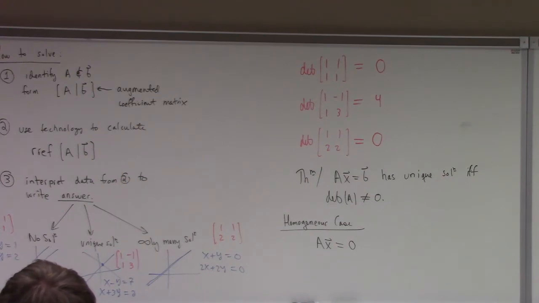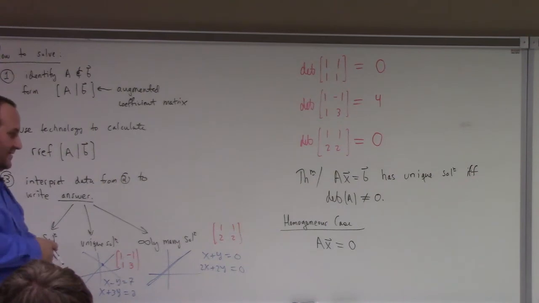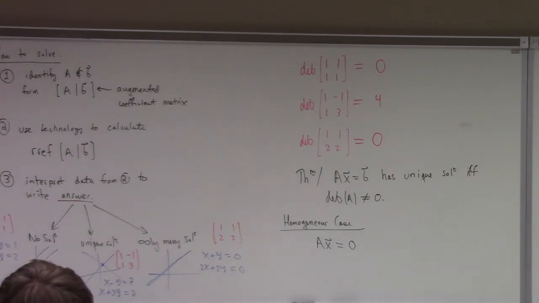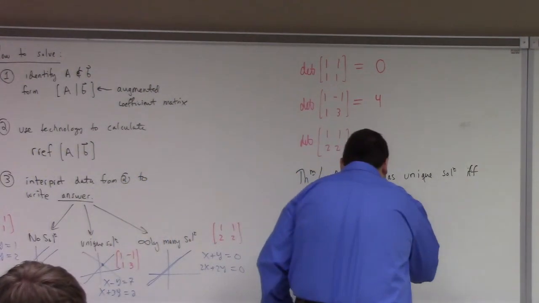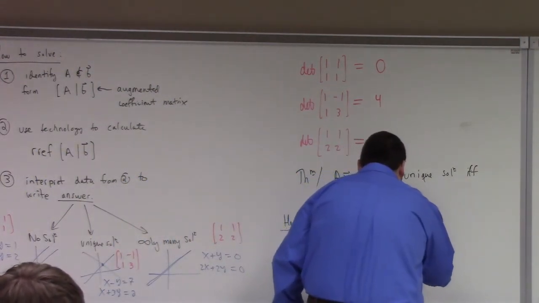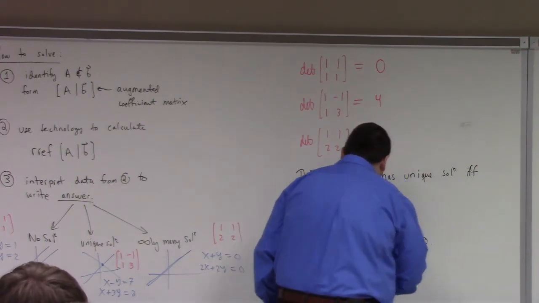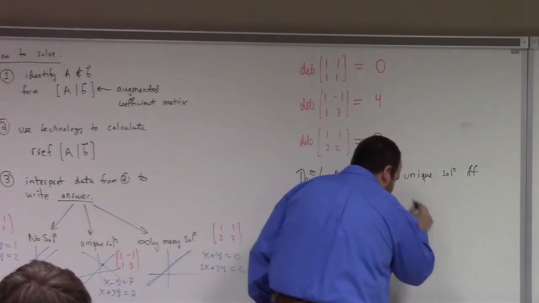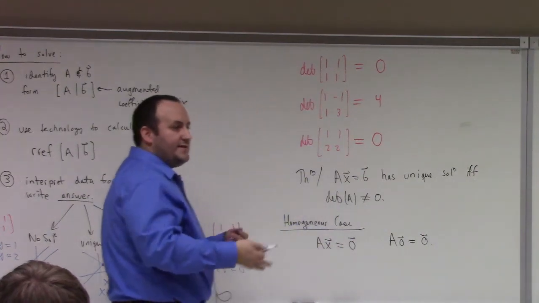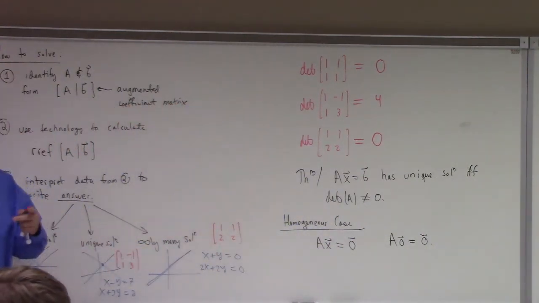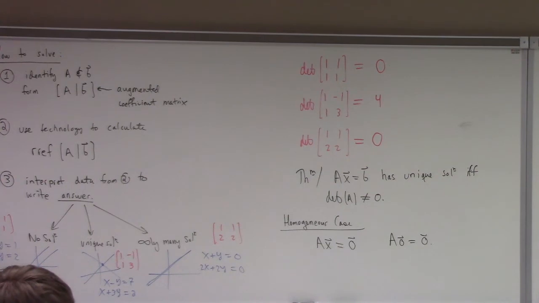What vector can I multiply by a matrix so that I automatically get 0? The zero vector, right. Notice that A times the zero vector is equal to 0 again. The point is, a homogeneous problem always has one solution, the zero solution.